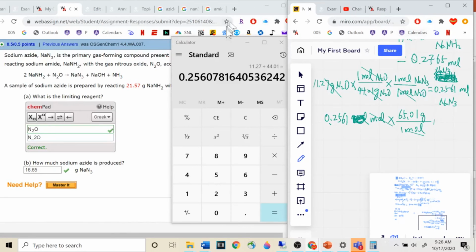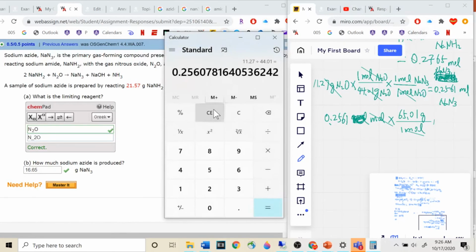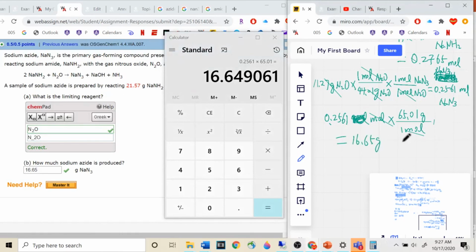Let's do that again using the calculator. 0.2561 times 65.01 should give us 16.65 grams, because we need to keep 4 sig figs, of the desired product, sodium azide.